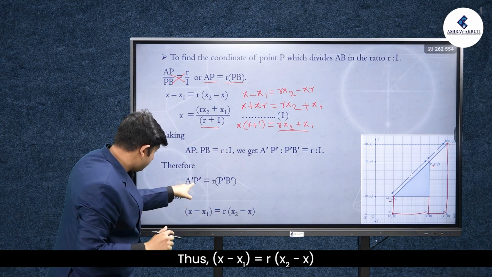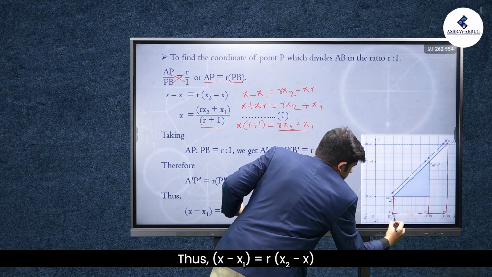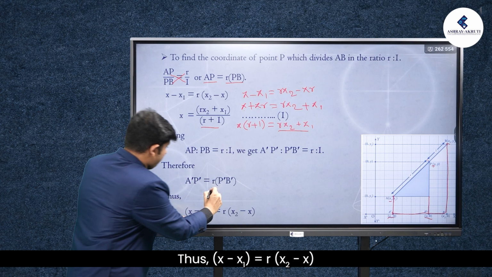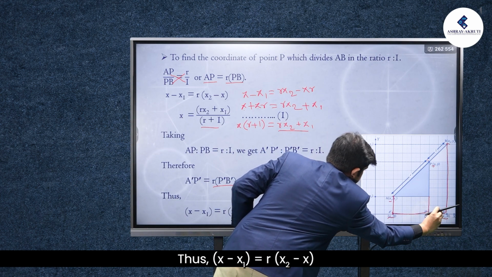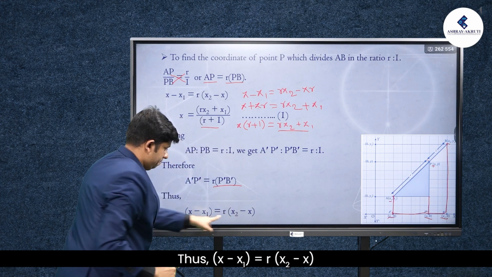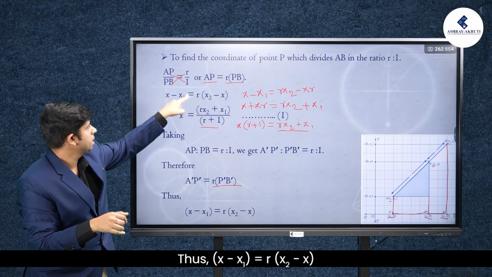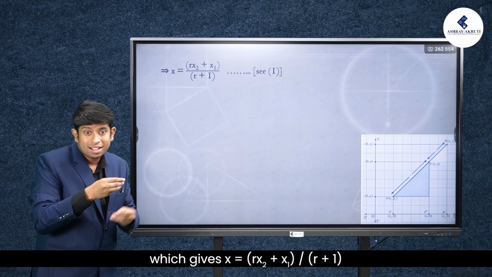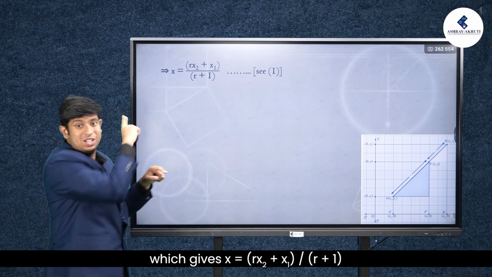Thus, x minus x1 is equal to r into x2 minus x, which gives x is equal to r x2 plus x1 by r plus 1.